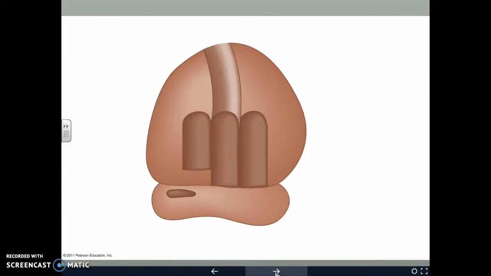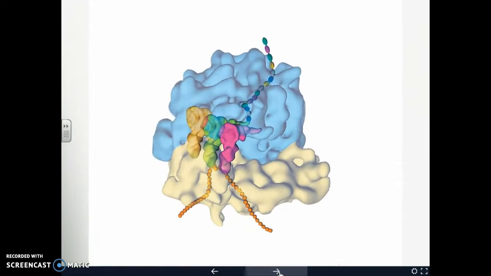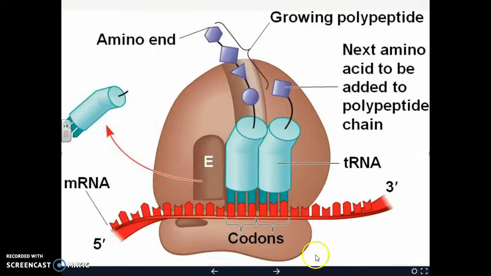So you're going to see diagrams that kind of look like this, where there are these three pockets, 1, 2, and 3. Again, different diagram, same idea, three pockets. And again, going back to that diagram, this is the one the book uses, I believe.